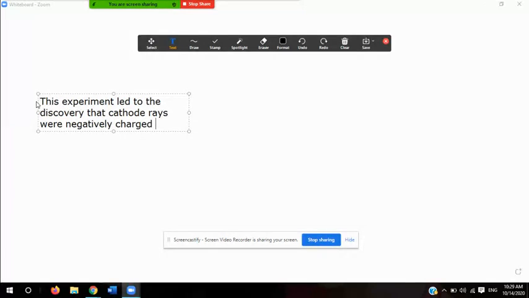So they knew that cathode rays were negatively charged, and that's one of the many conclusions. It was almost purely accidental that they discovered the electron, right? They realized that cathode rays must have a negatively charged particle.